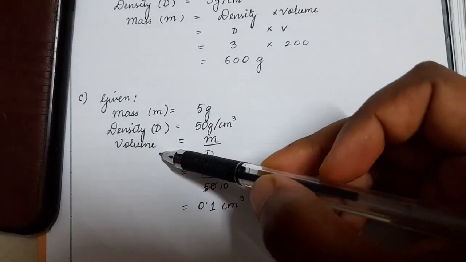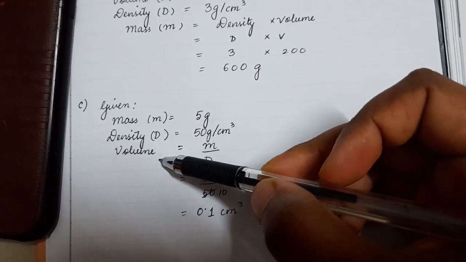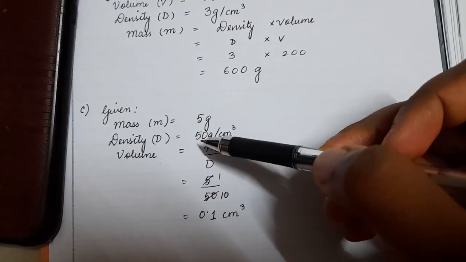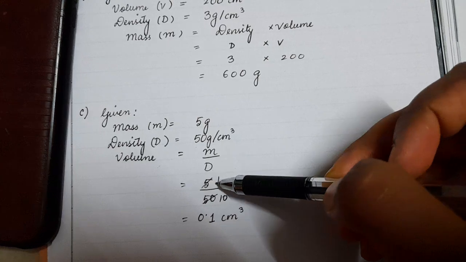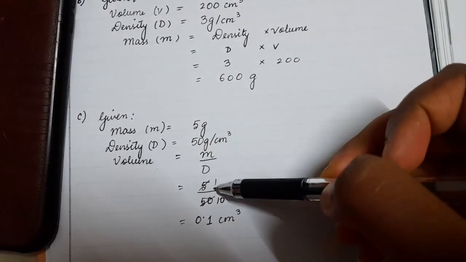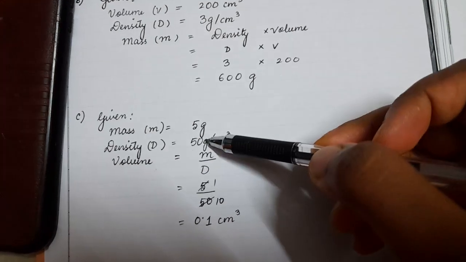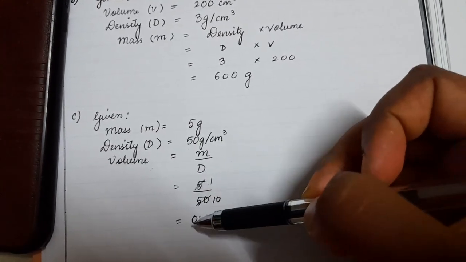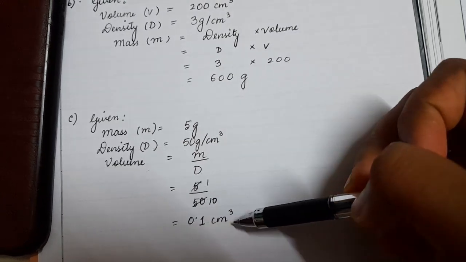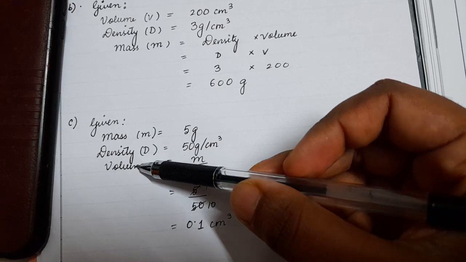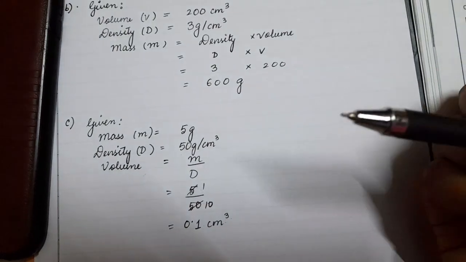As we know, density is mass by volume, so volume will be mass by density. Write the value of mass and the value of density. So 5 by 50 will become 1 by 10, which is 0.1. And look at the term we are calculating: it's volume, so write the unit.